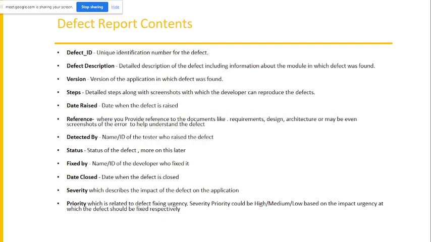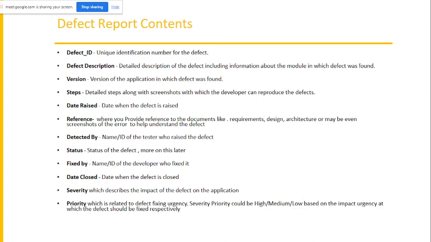Now let us discuss the defect report template. See, you want to report a defect in the form of a document. So whenever you hear the term document, one format or one template will be there.